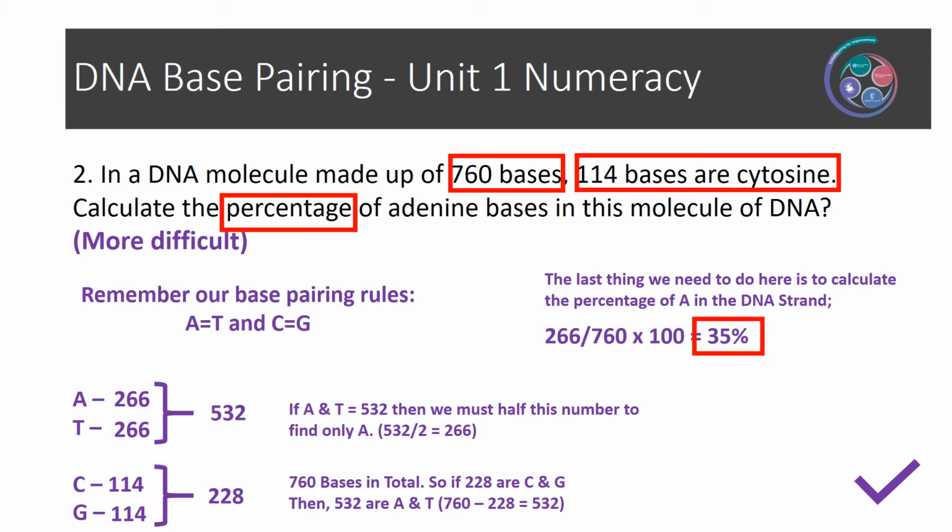To do that, we would divide the 266 adenine bases by 760 bases in total and times this by 100, giving us an answer of 35%. We now know there are 35% of the bases in a molecule of DNA which are adenine.